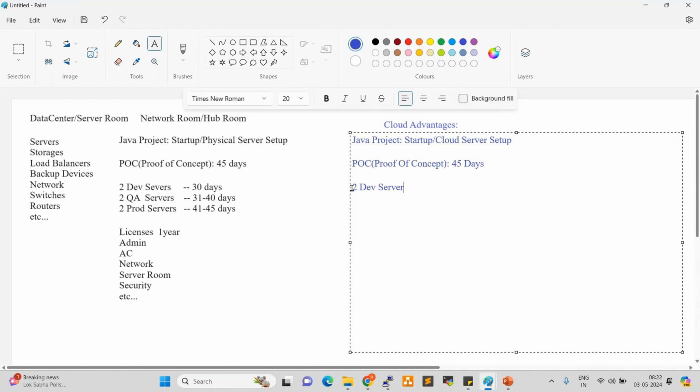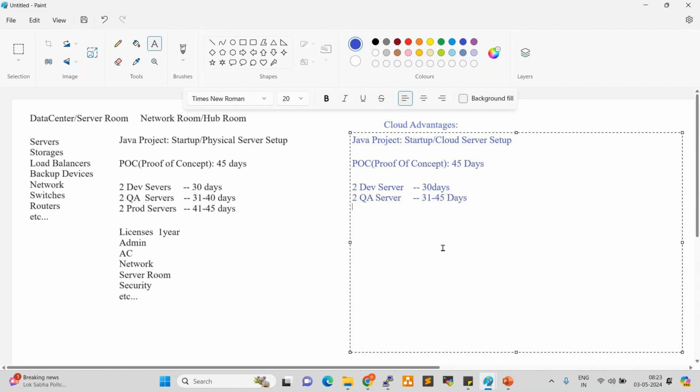So first, two servers you can create for the development environment. For the first 30 days, developers work on the development servers. After that, we can create two more servers for QA, from 31 days to 40 days.